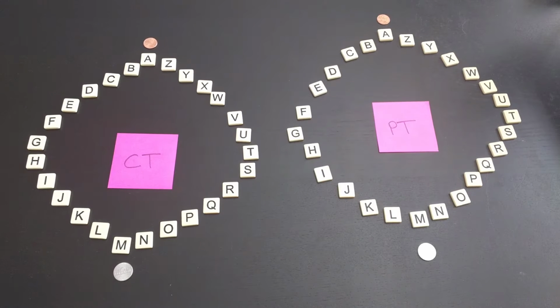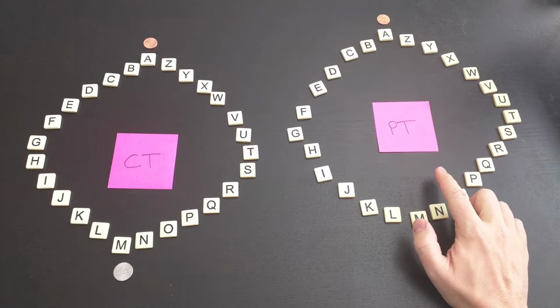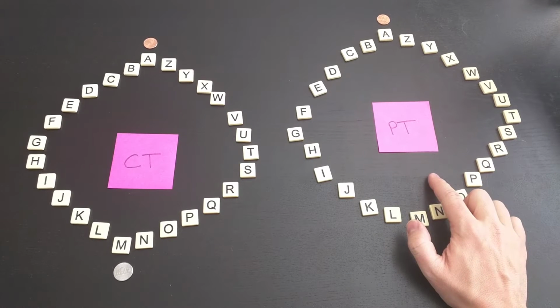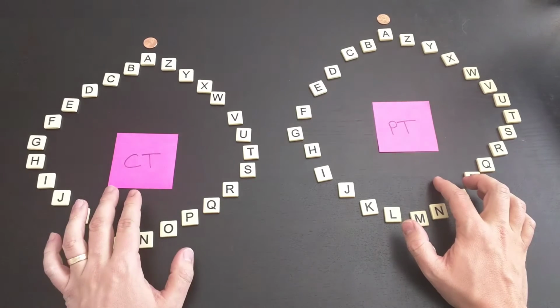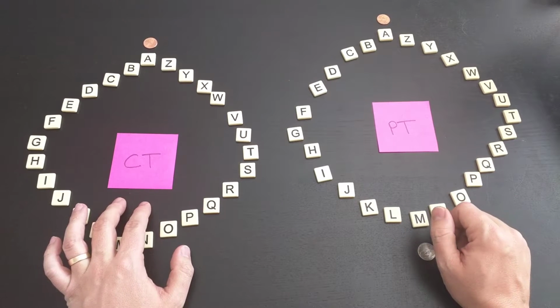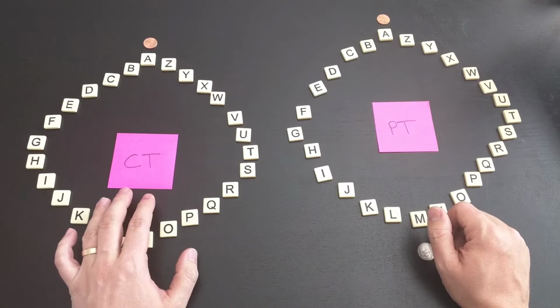I'm not very good at making circles out of alphabetical tiles, but the idea was that you had two alphabets, a plain text alphabet and a ciphertext alphabet, and you would look up the plain text character in your plain text or right alphabet, and then that would map to a ciphertext character in the left ciphertext alphabet.